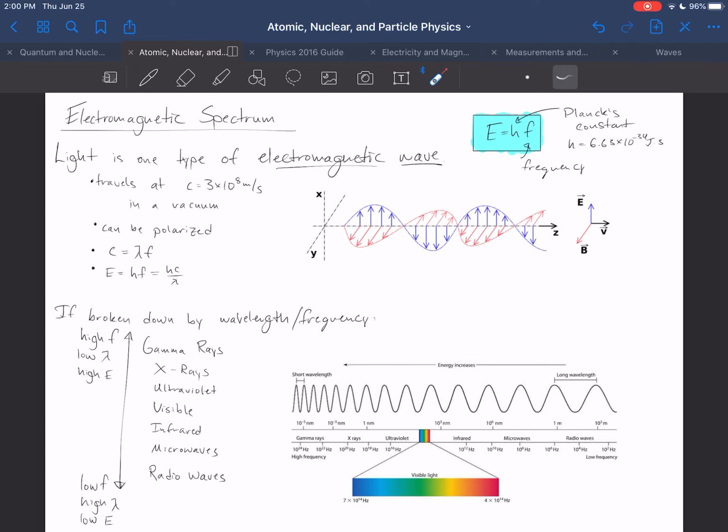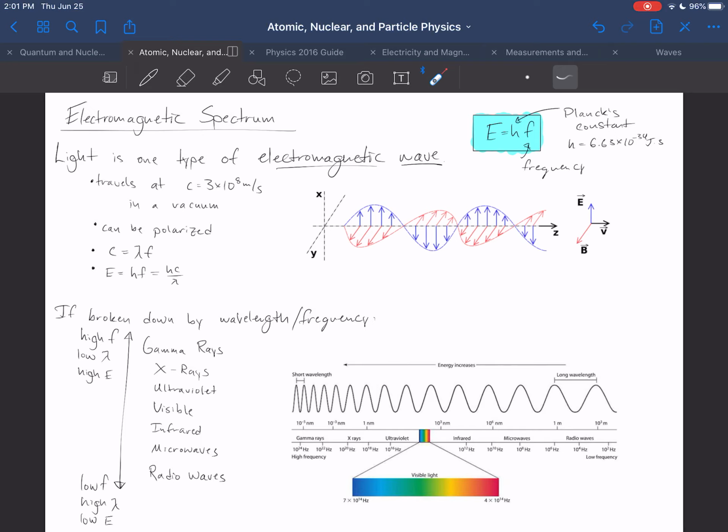In what is known as the photoelectric effect, initially outlined by Albert Einstein, it was discovered that the energy of a particular photon or packet of light, which we'll discuss a little later on, is equal to h times f.